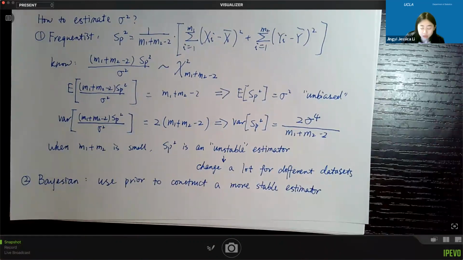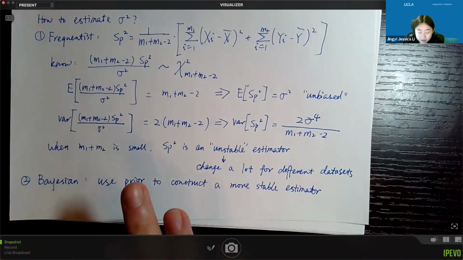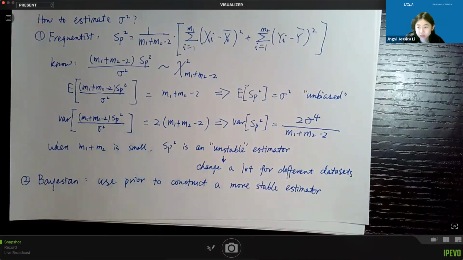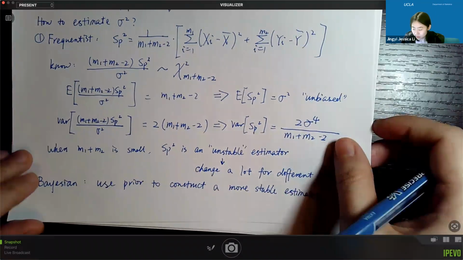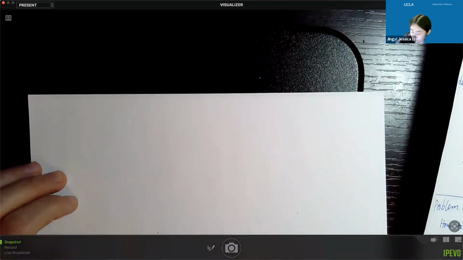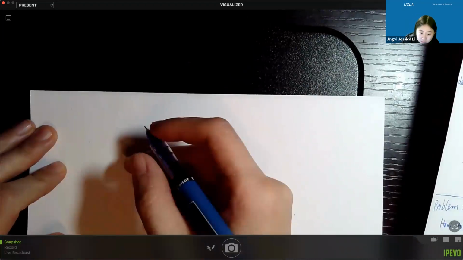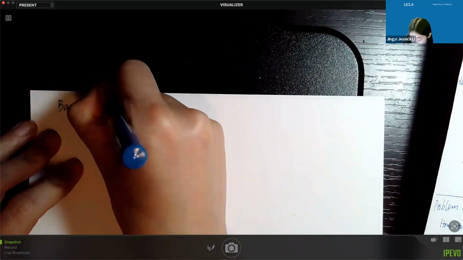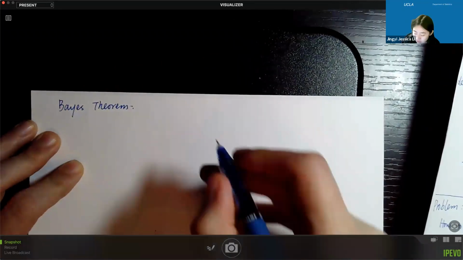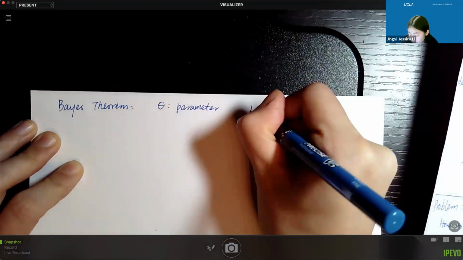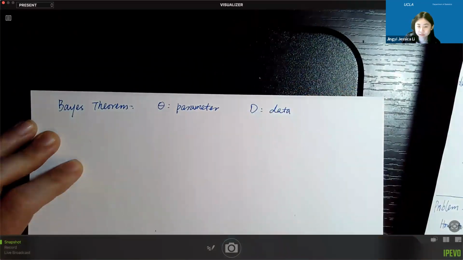Before we go into this detail, let me introduce a common technique used in the Bayesian paradigm, that is what we call the conjugate prior. Maybe it's worthwhile to do a review on the Bayes theorem, which is the foundation of Bayesian statistics. In the Bayes theorem, let me just use theta to denote the parameter of our interest and D to denote our data. It's just an abstract symbol.